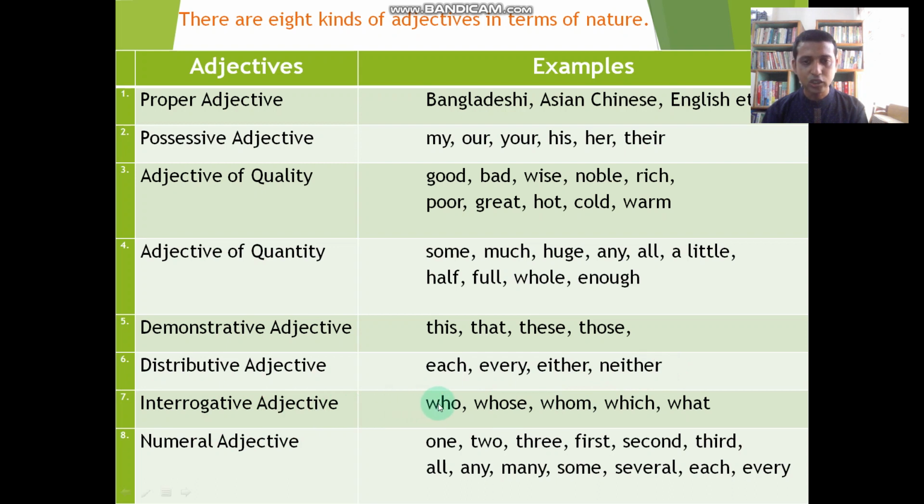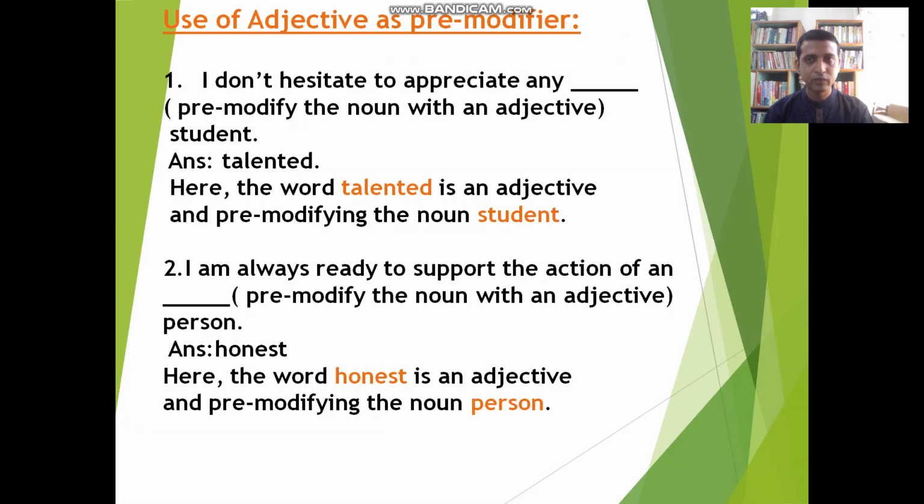Interrogative adjective: who, whose, whom, which, what. These W's words can be functional as an interrogative adjective. Numeral adjective: one, two, three, first, second, third, all, any, many, some, several, each, every can be functional as a numeral adjective. I think the kinds of adjective is very clear to you.